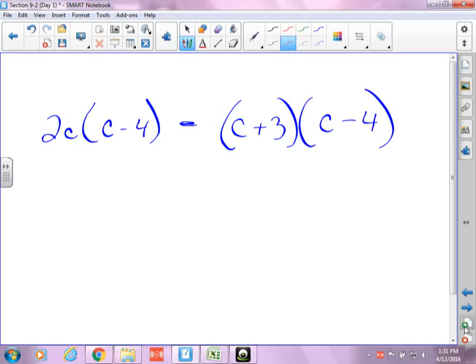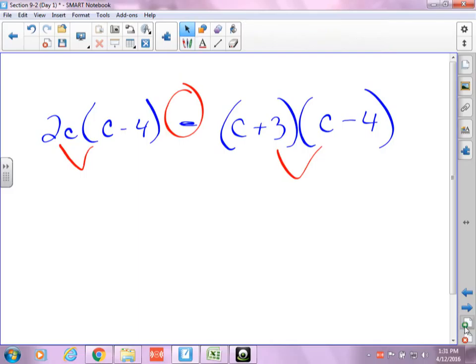What you do is you multiply these two and get an answer. You multiply these two and get an answer, and you subtract them. So I'm taking the stuff we had yesterday and the stuff we have today, and I'm bringing them together. So if you don't understand it, get some help. Otherwise tomorrow will be painful. Okay? All right, we're going to go ahead then and get your assignment going.